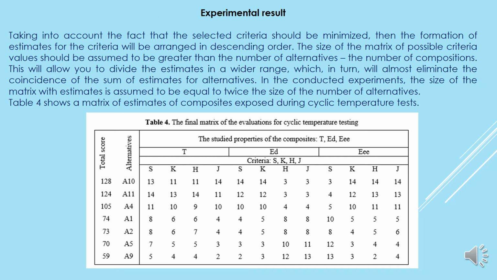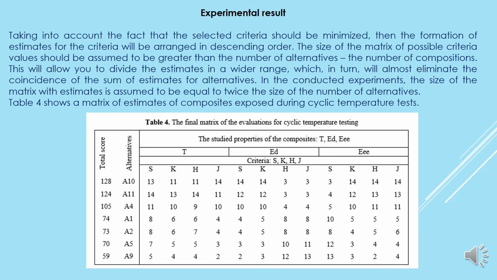Experimental result. Taking into account the fact that the selected criteria should be minimized, the formation of estimates for the criteria will be arranged in descending order. The size of the matrix of possible criteria values should be assumed to be greater than the number of alternatives, the number of compositions.